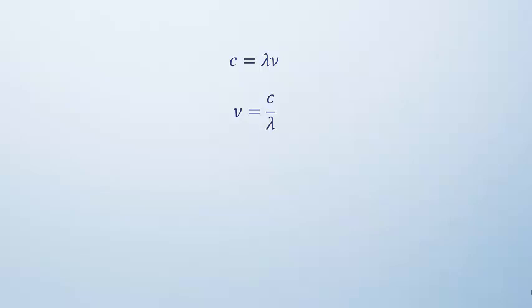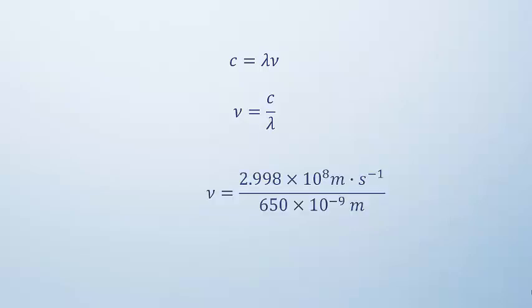Next, all we have to do is plug in the appropriate speed of light for c and the wavelength that we are given, 650 nanometers, for lambda. The speed of light is given in meters per second, so we'll need to make sure that we use the wavelength also in meters.